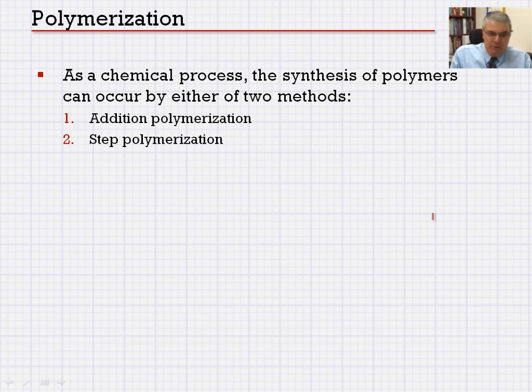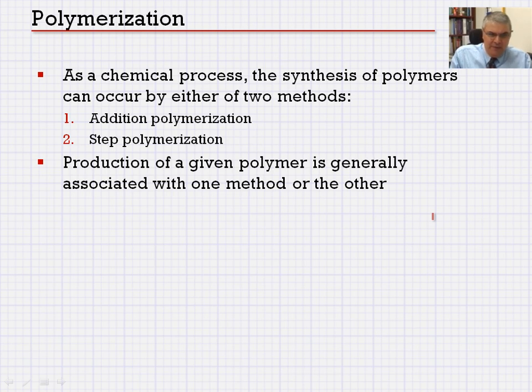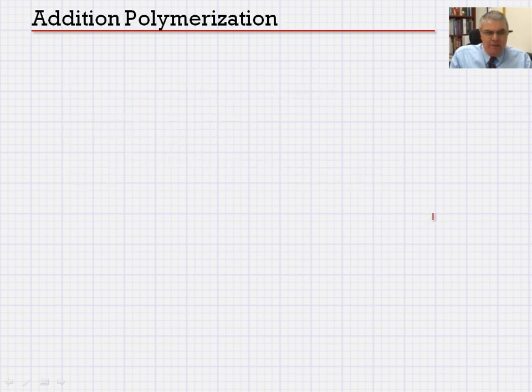It's very important to know those steps and the difference between the two. Every time we produce a polymer, it's generally associated with one or the other. So it's either addition polymerization or step polymerization. Let's take a look at each of them separately.